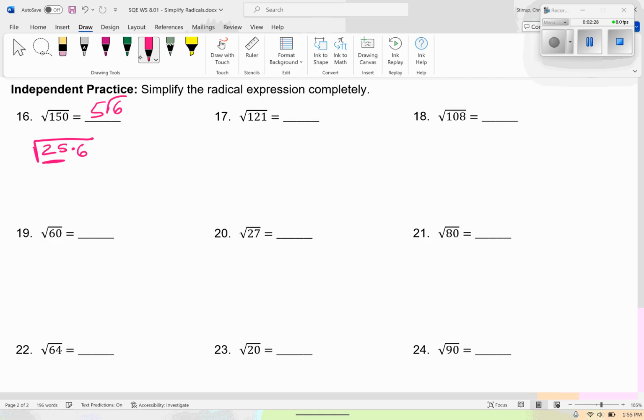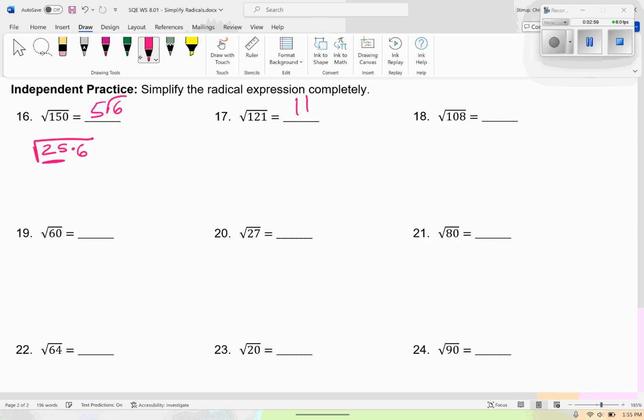Hey, 121 is pretty easy. It's one of those, right? So that's already a perfect square. And then we go to 108. So 108 is like here. Which number starting from 100 working backwards would multiply together to give me 108? 36? 36 times what?